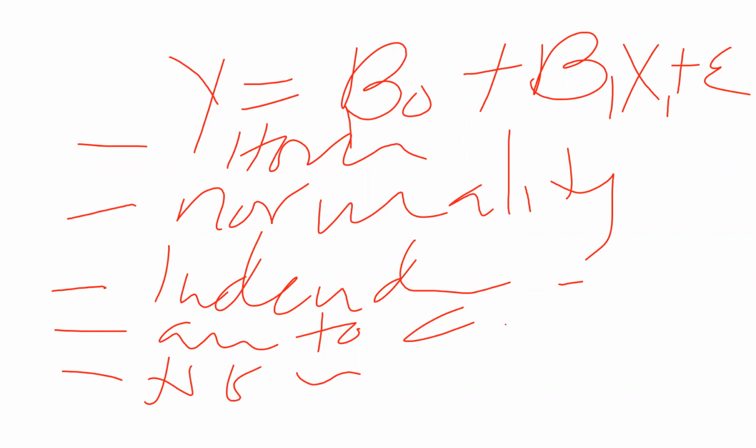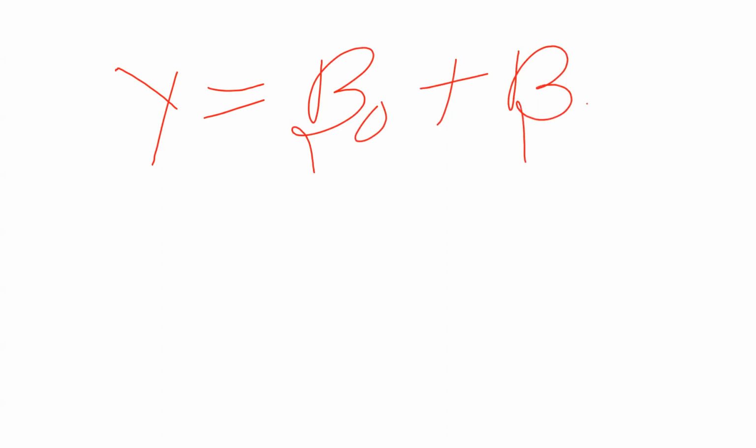Those assumptions are the ones that we'll look at in detail. We'll look at how they work, and it will make sense to you why we should make such assumptions. In this course, we'll learn how to derive this equation, this model, beta naught plus beta 1 x.